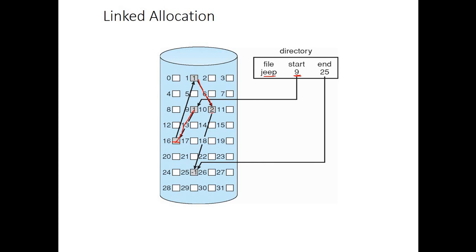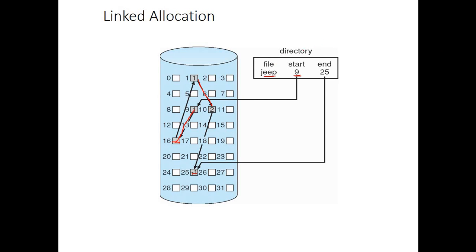From block number 10 there is a pointer to 25. So 25 is the last block for that file. The last entry in 25 will have -1, which indicates the end of the file.